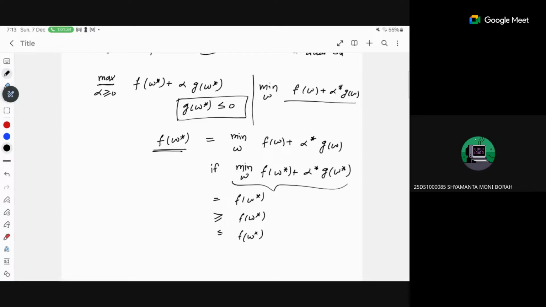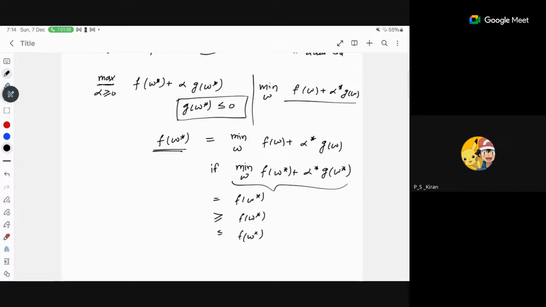Think about it. Should it be equal? It depends on G of W. If G of W star is less than or equal to 0, I'm telling you that G of W star is less than or equal to 0.